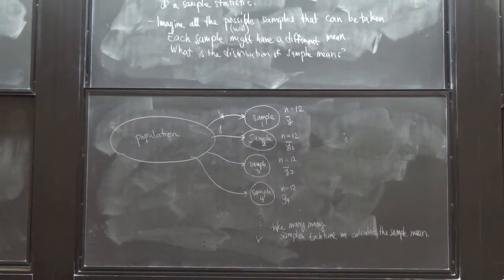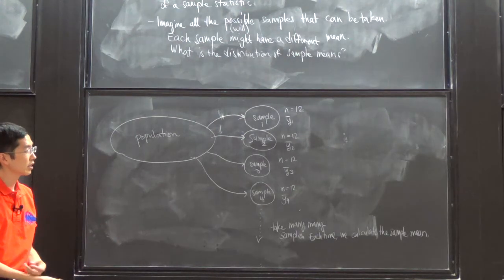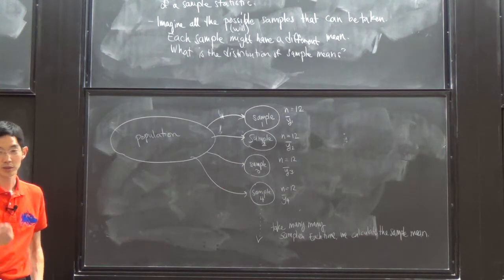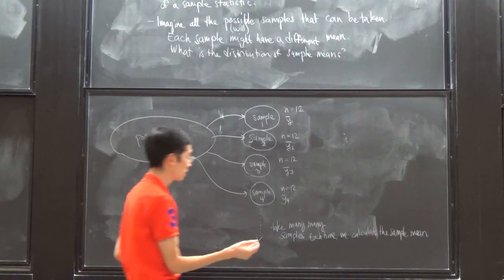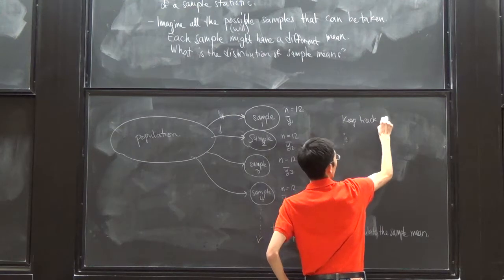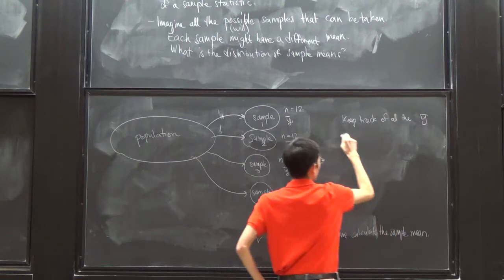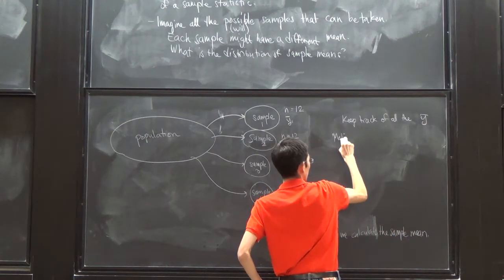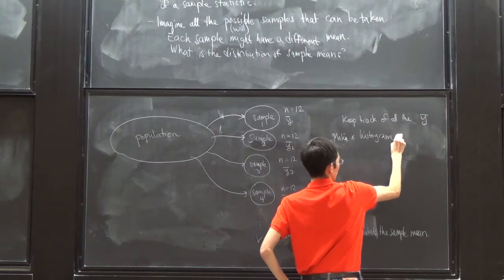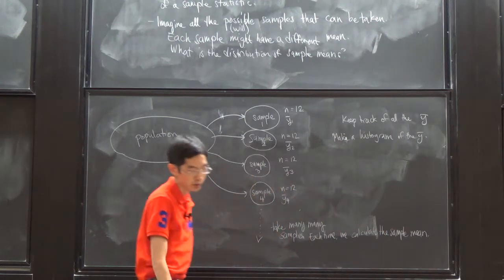There's lots of sample means, and I keep track of them all. At the end, I create a histogram of all the different sample means, or create a probability distribution. So we keep track of all the y bars, and we're going to make a histogram of the y bars.